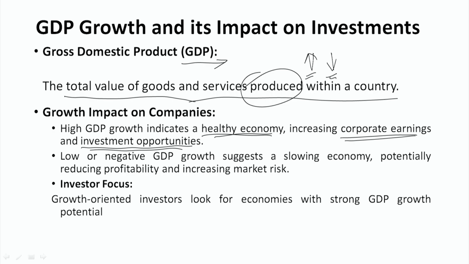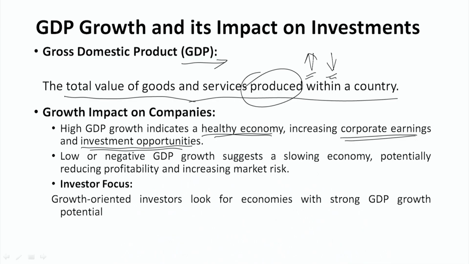The reason being that a higher GDP growth rate talks about a healthy economy, and in a healthy economy, you can have higher corporate earnings, and since the corporates are earning higher, you can put your money into those stocks.